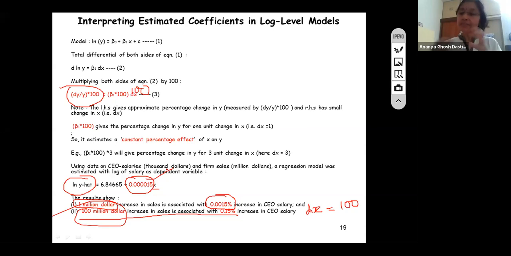Okay, now let me look at a different sort of model, which is a log-log model. How do I interpret coefficients on such a model?